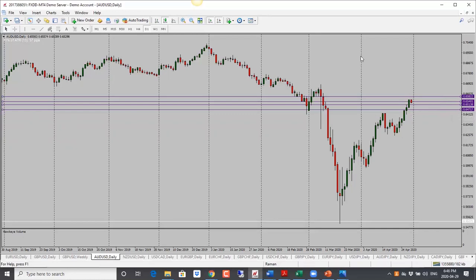And if it holds above that level, which is essentially the top of this candle here, then I will look for a further move to the upside. So far, all the swings here have been higher highs and higher lows.